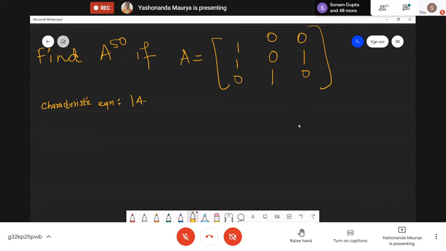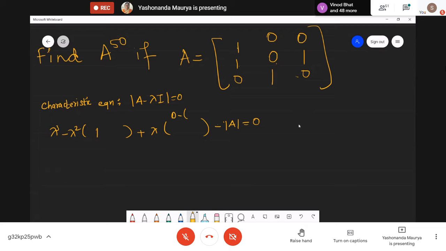What is the characteristic equation? Lambda cube minus lambda square minus lambda minus 1 is equal to 0. So what comes over here? The addition, so it is 1. What comes here? 1 into 0, 1 into 0, 0 into 0, so this is all 0.